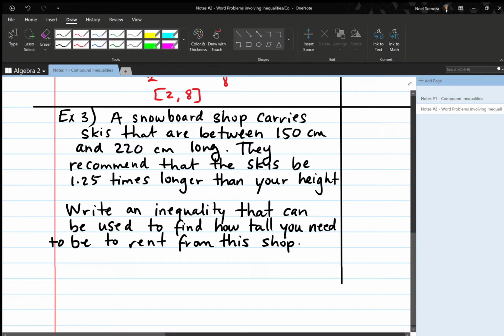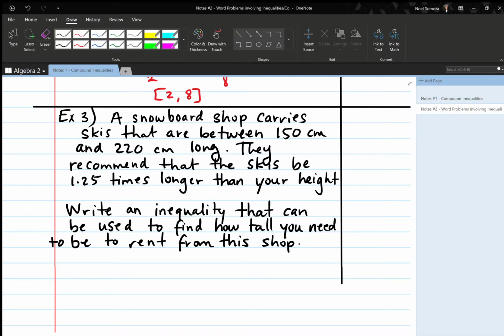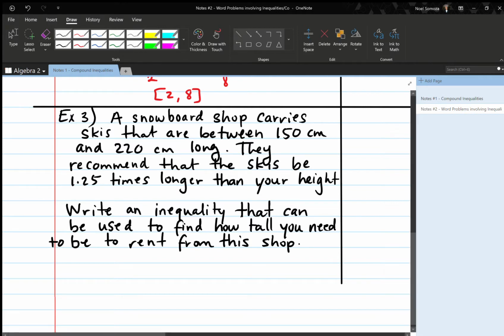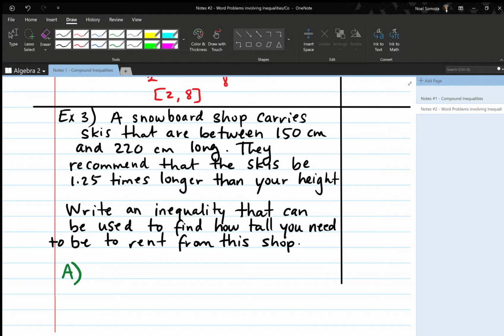We're looking for a variable to define, right? In this case, what do you want the variable to be, and what should it define? Think about what it's asking. Any ideas? The height, yeah, of what? The ski or the person? Of the person.